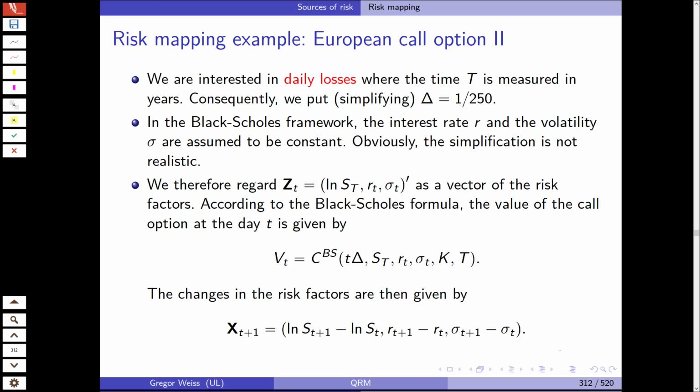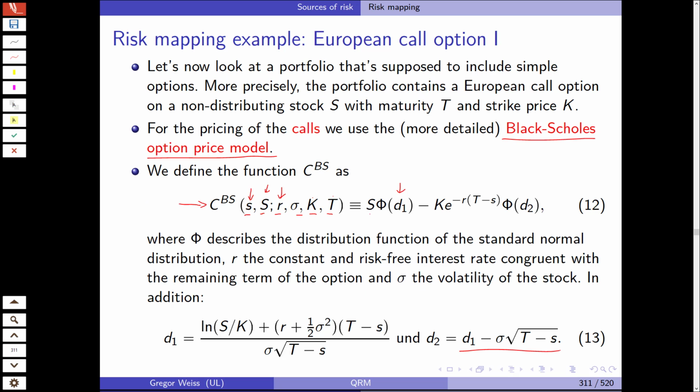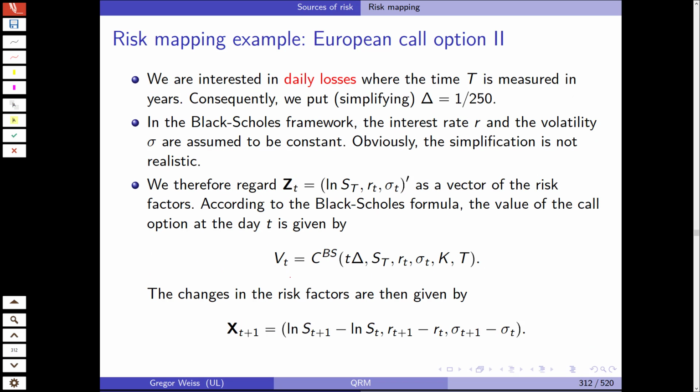And what risk factors do we have? Now, we've seen from the pricing formula C that the value of a portfolio that consists of these options is given by the pricing formula at t times delta, S_t, r_t, sigma_t, strike, and maturity. Now the changes in the risk factors are given by the change in the stock price, the change in the risk-free rate, and the change in volatility if it's not constant.